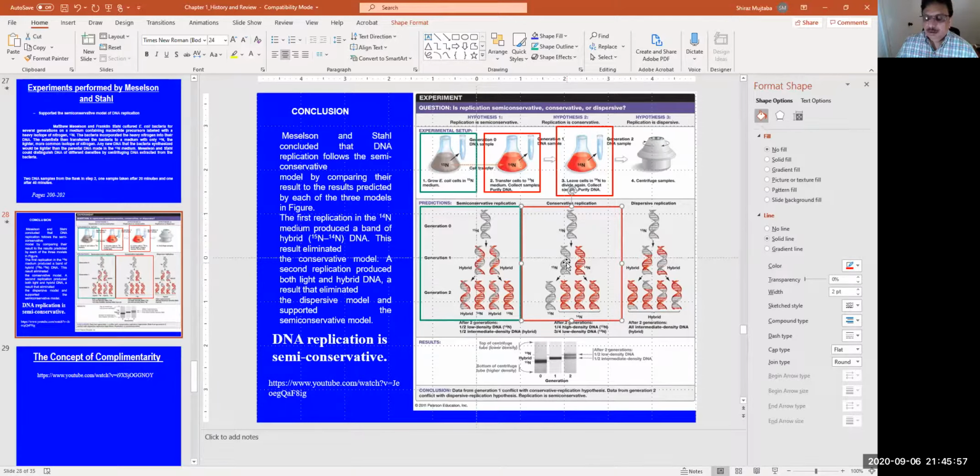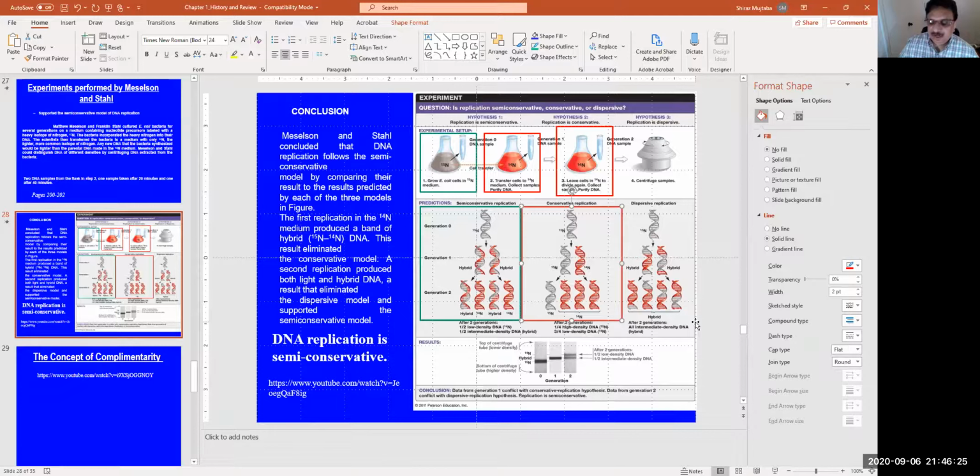Then in generation 1, 100% of the DNA will be either N15 or N14. And in the second generation, 75% of the DNA will be N14 and only 25% would be N15. And the dispersive model is something like a mix and match.